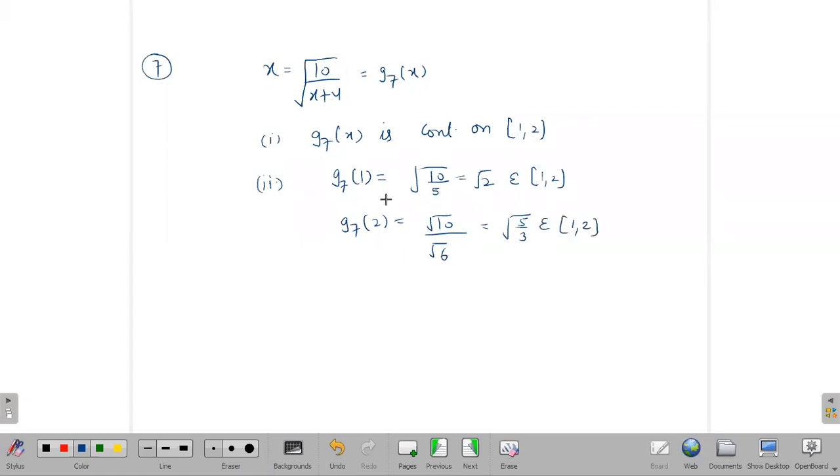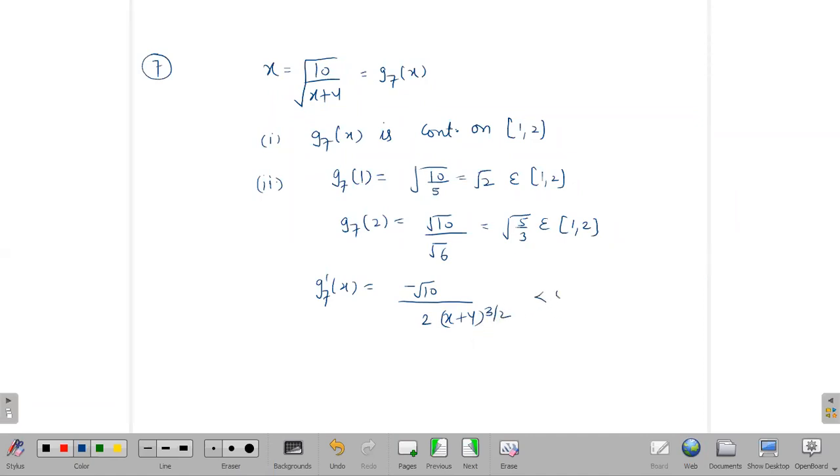So we have checked the boundary points here, but now what about the middle points? Means we have to prove it for all the points of [1, 2], all the points of this interval. So to prove it for all the points, you have to find the maximum value and minimum value of this function. So let us find its derivative. It is minus root 10 divided by 2 x plus 4 raised to power 3 by 2.